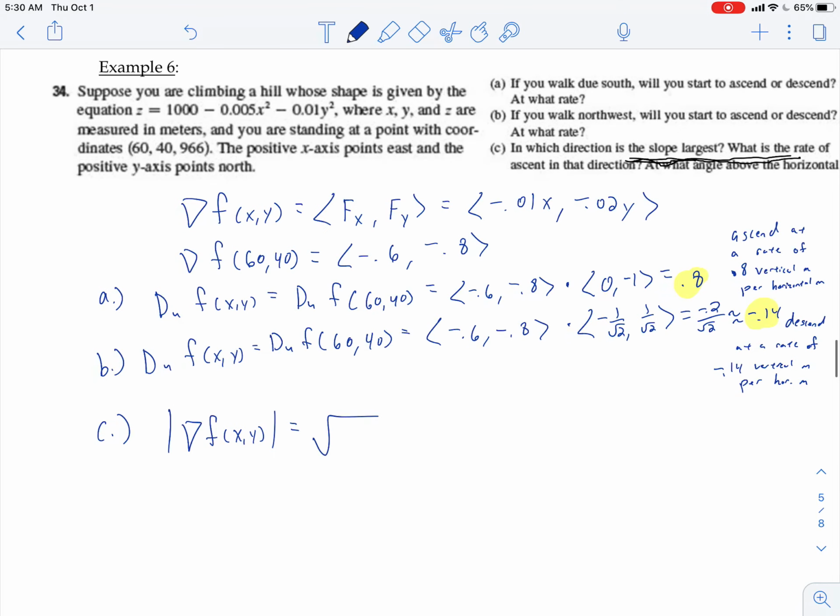And so the magnitude of our gradient vector is just going to be the square root of negative 0.6 squared plus negative 0.8 squared. When we do that, we're going to get the square root of 1, which is just going to give us 1. I'm sorry, that's not the direction. That's going to be our max.